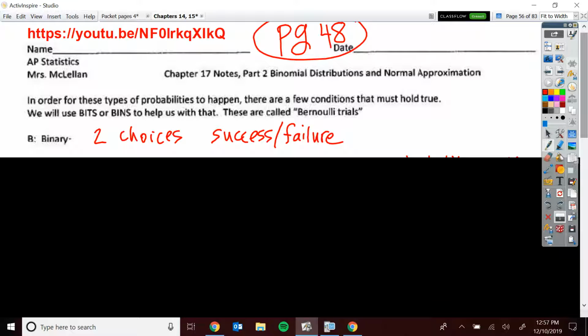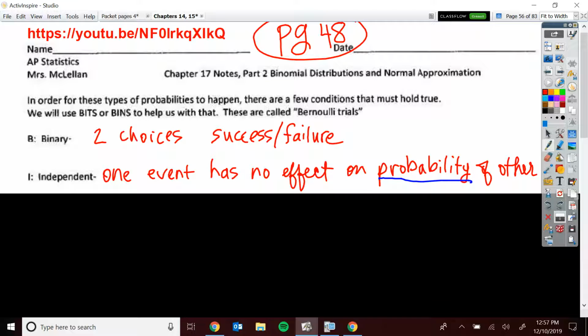Next is independent. How do you write that out correctly? Not just one affects the other, or one does not affect the other. Good. One event has no effect on the probability of the other.